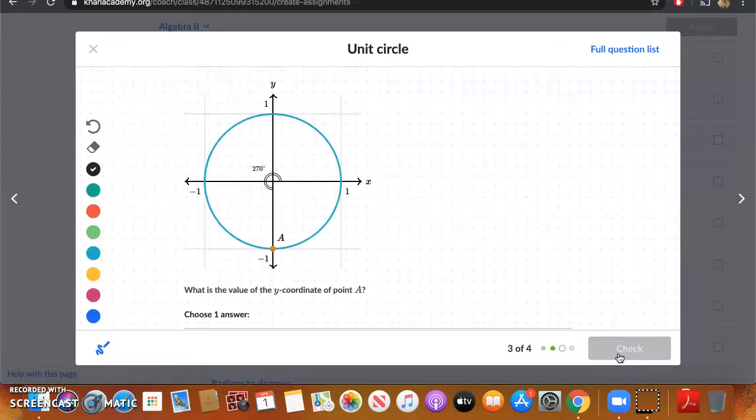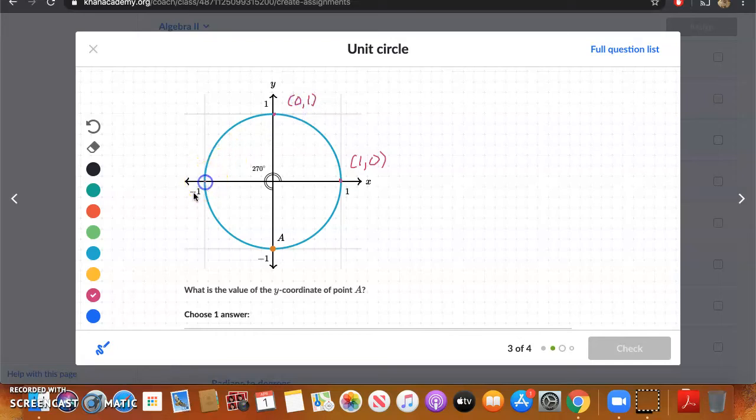Let's do another one. What is the value of the y-coordinate of point A? Remember, this is a unit circle, so the radius is 1. This point right here is going to be 1, 0, because it's on the x-axis. This point up here is 0, 1, because that's on the y-axis.